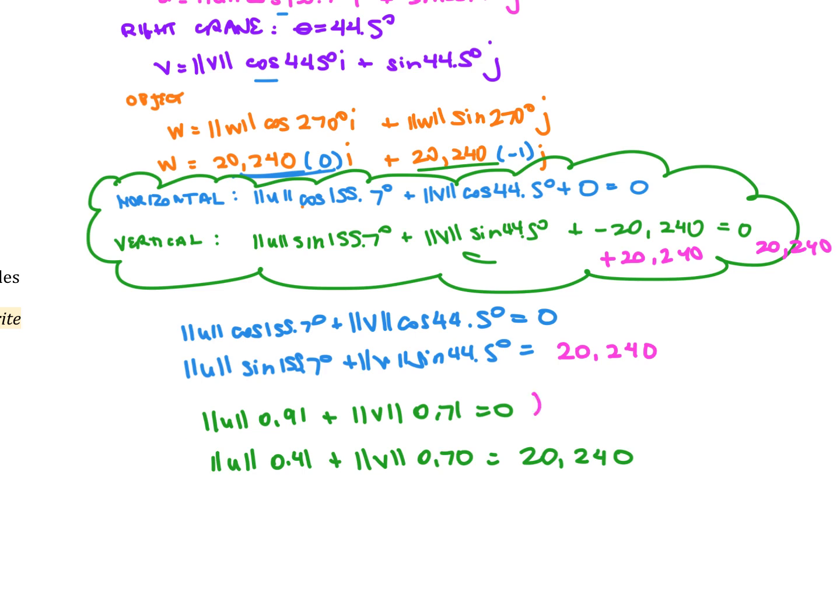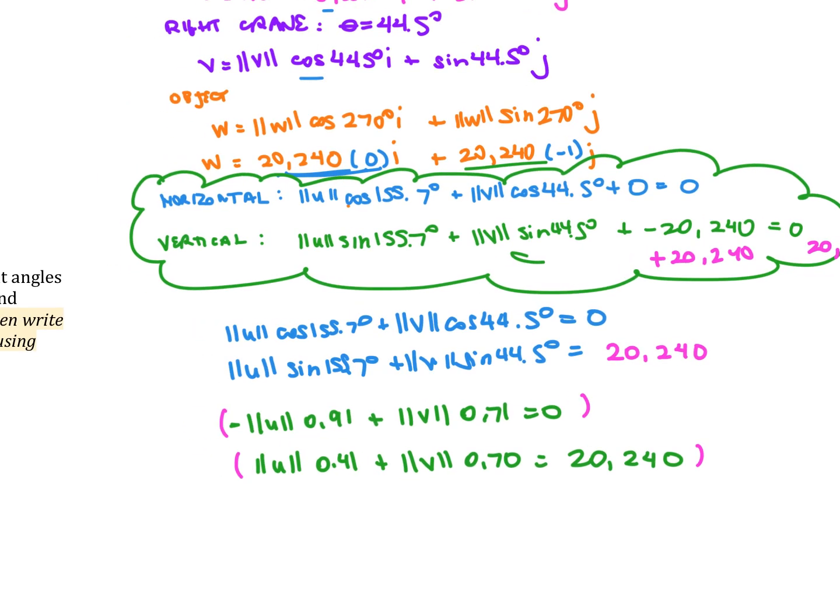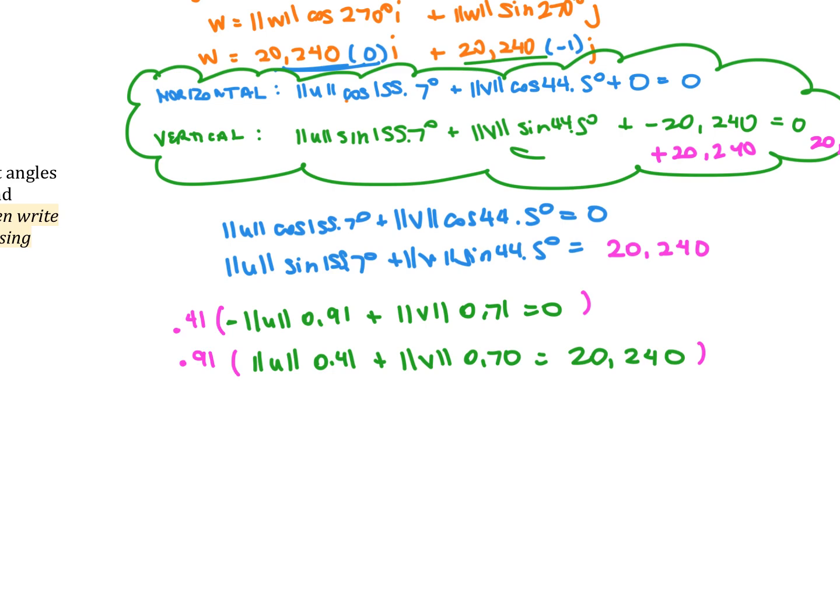I'm going to solve for v. I'm going to multiply the top by 0.41 and multiply the bottom by 0.91 in order to cancel out my u's, since they already have opposite signs. Using the calculator, we'd have negative magnitude of u times 0.3731 plus magnitude of v times 0.2911 equals 0.